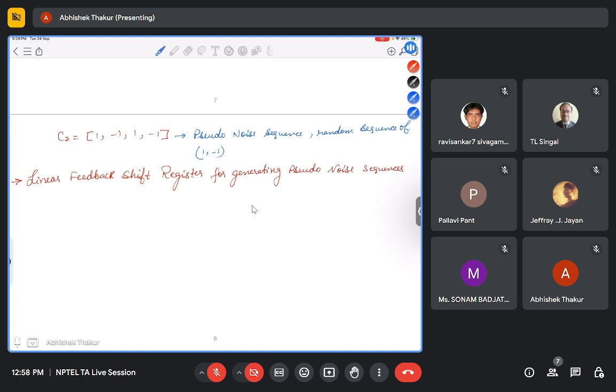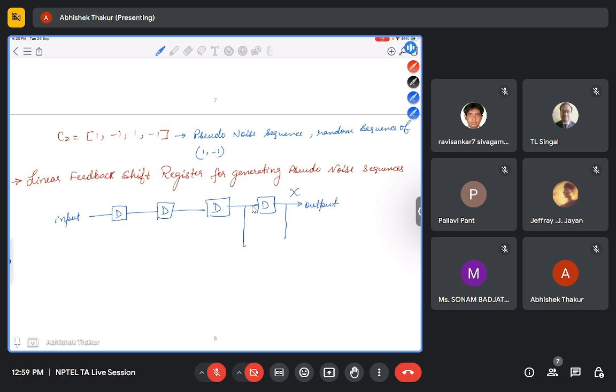So in the linear feedback shift register, there will be delay units. Let's suppose this is our output and this is our input, and there is a feedback from output to input.